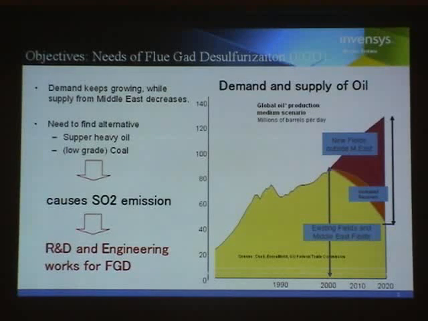So we need to find out some alternative fuels like super heavy oil or low-grade coal. But as you know, using these fuels causes SO2 emission. So research and development and engineering works for flue gas desulfurization are needed, as described in the previous presentation.